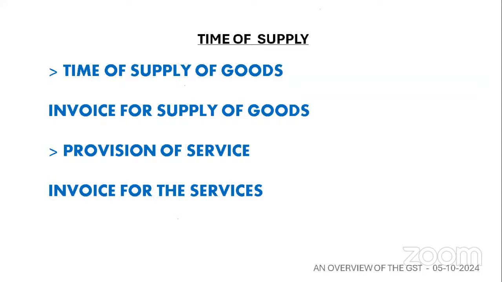given by the GST law to raise invoice either before the provision of supply, or on completion of the provision of supply, or after the service is provided. So we have three timelines. One, if the invoice for the service is issued before rendering the service, then the invoice date will be the time of supply.